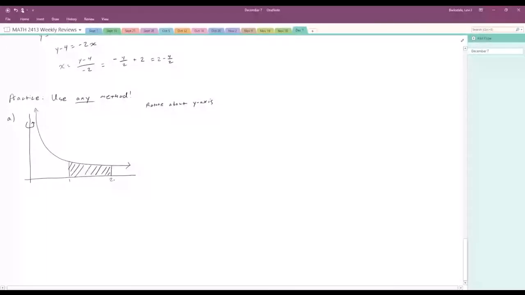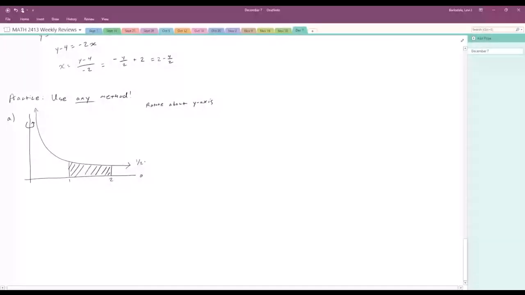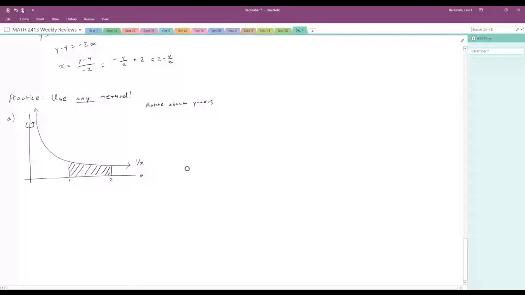And this bottom curve is 0, and this top curve is 1 over x. Actually, we're going to make it 1 over y.